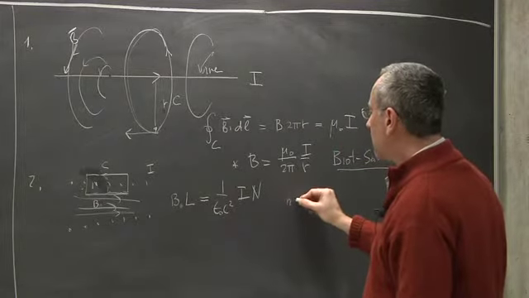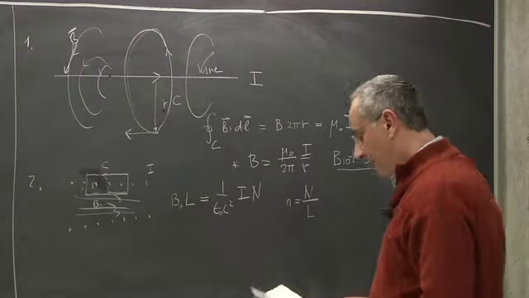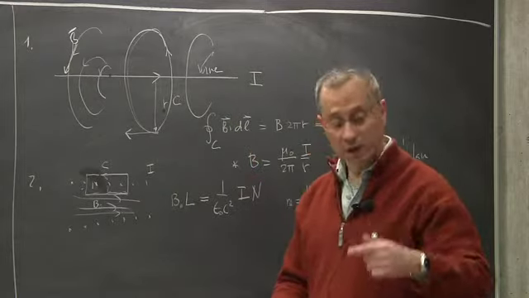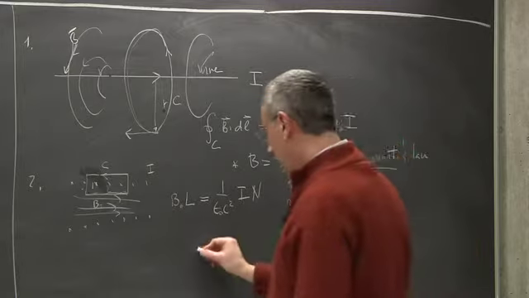If I define little n to be big N divided by L, that is the number of turns of the wire per unit of length, then I can write B in a nice form.